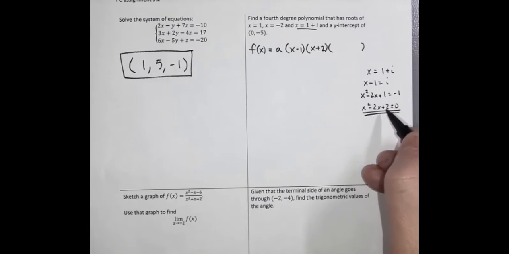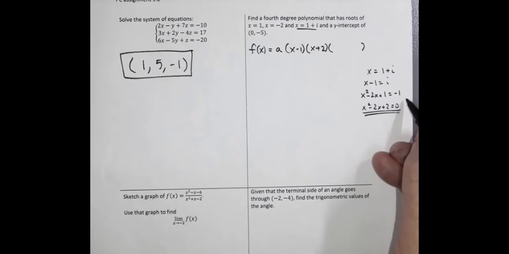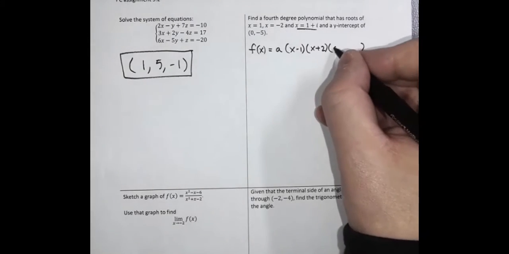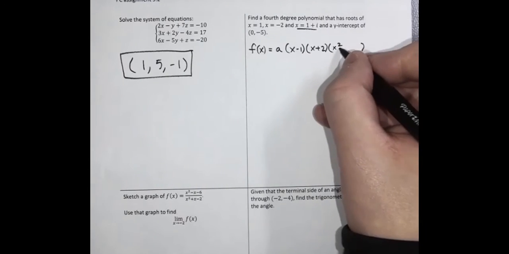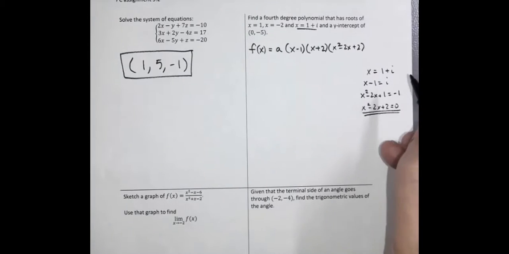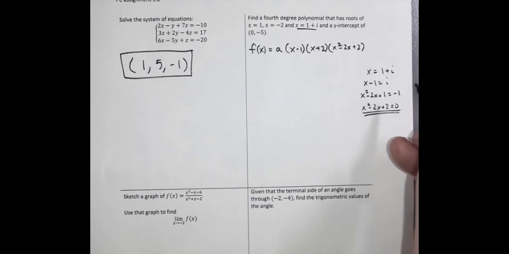So in other words, this is a quadratic polynomial that equals 0 when x equals 1 plus i. That means that is an acceptable quadratic, x squared minus 2x plus 2. And of course, by the complex conjugate root theorem, 1 plus i means 1 minus i comes along for the ride as well.